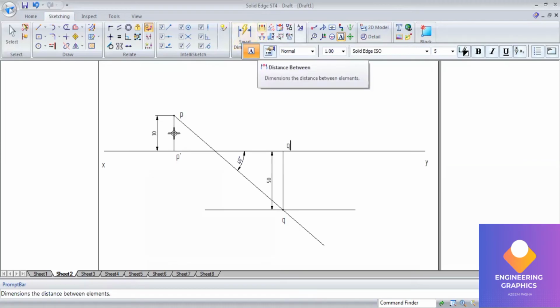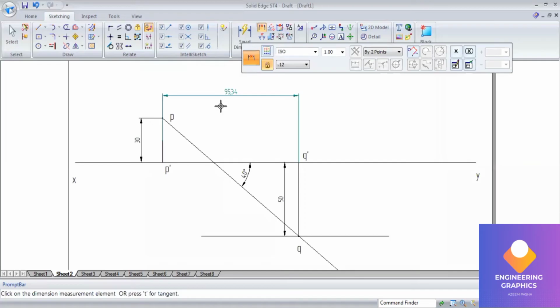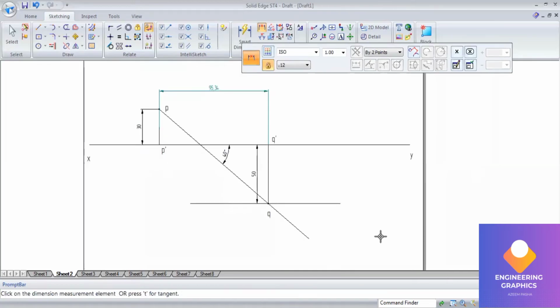Now we have to find out the horizontal distance between these projectors. This is the length we are getting, that is 95.34, the horizontal distance between the projectors.